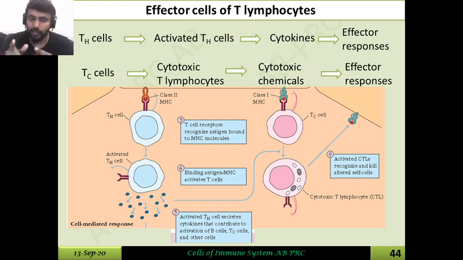Right, and this leads to the activation of TC cells, and the activated cytotoxic cell is called cytotoxic T lymphocyte or CTL, and these CTLs will secrete cytotoxic chemicals. Right, a lot of cytotoxic chemicals are released. These chemicals will target the altered self cell, and that will be destroyed. Right, so that's about these T lymphocytes. Hope it's clear.